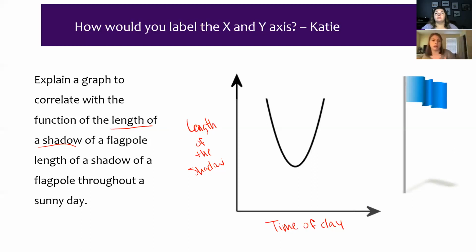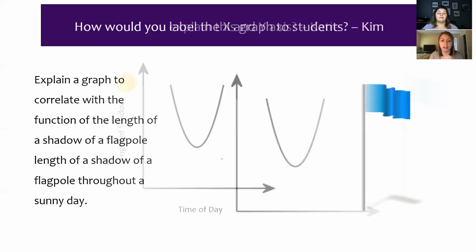You could even make it interactive, let them take a lamp and make their own sun. That's very good. Maybe even talk with your science teachers, if they're teaching the same thing, and bring math and science together. I definitely agree with you.